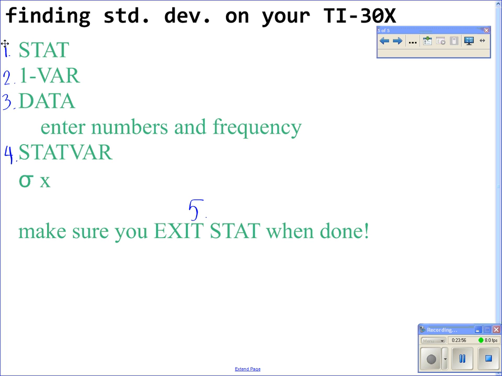And I'm not sure how to do it on the iPad calculators, so you might be out of luck on that one as well. I'll show you how to do it on that one. It's not this way. So if you're planning on borrowing a calculator to make your life a lot easier, I would write these down as well, if you don't have one of these calculators.